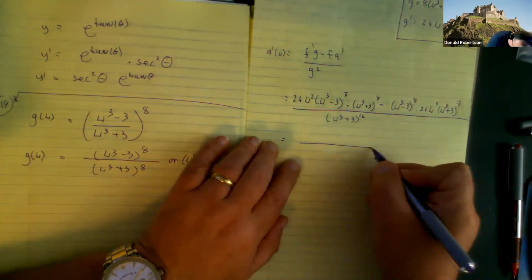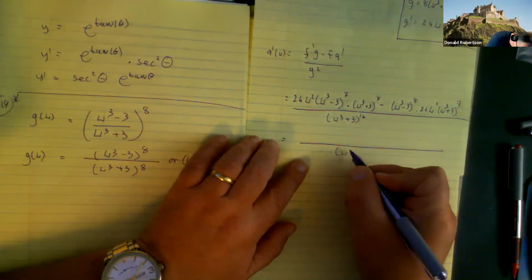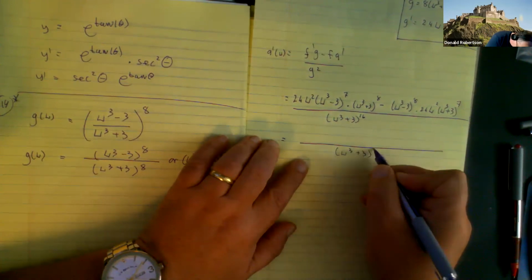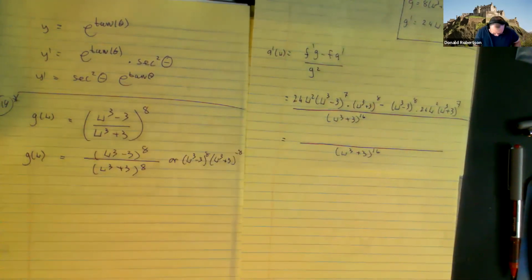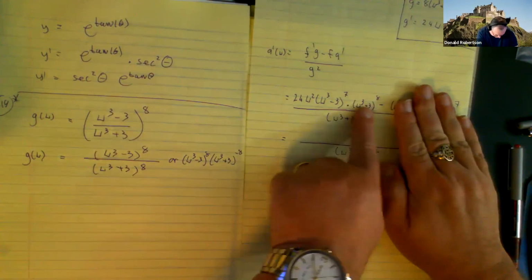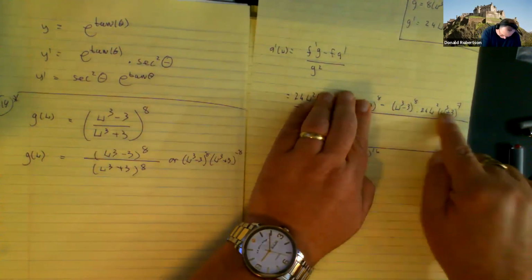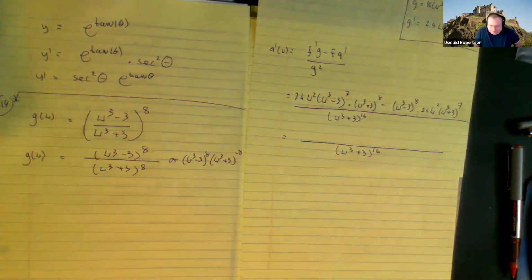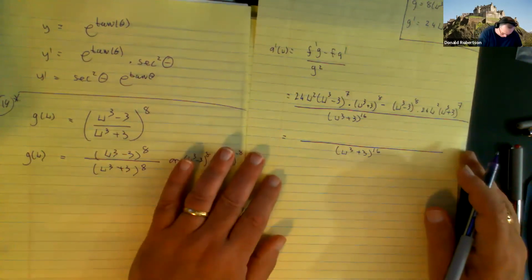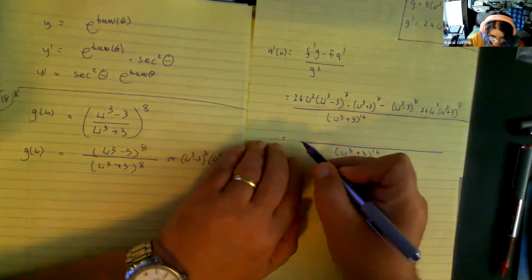Okay, style points. Let's factor the heck out of this. That's your first expression, that's your second expression. Give me any common factor you can see, and there's a lot to pick from here. 24u squared.